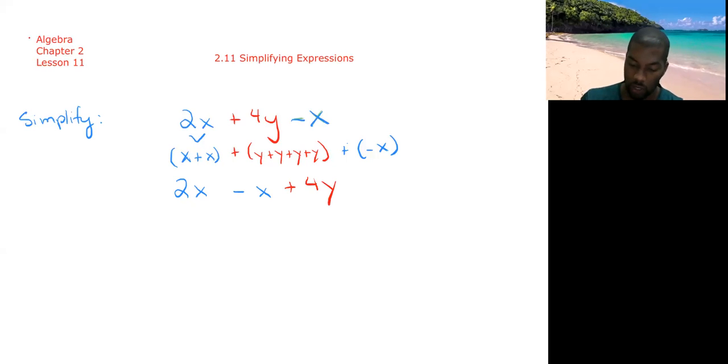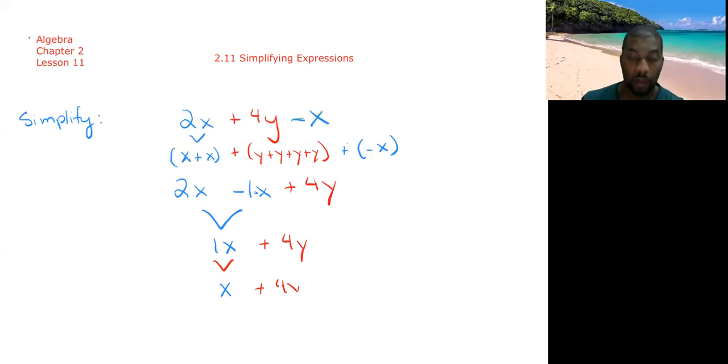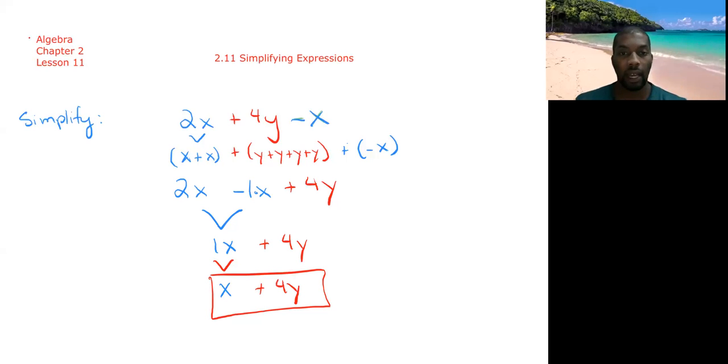And so I say, what is 2x minus 1x? Because there's an invisible 1 in front of that. 2 minus 1 is 1, so 1x plus 4y. And 1x really translates into x, so you've got x plus 4y. And there's nothing more we can do, because you cannot combine x and y, right? In the same way you couldn't combine apples and bananas, you can't combine x and y's, therefore it ends like that.